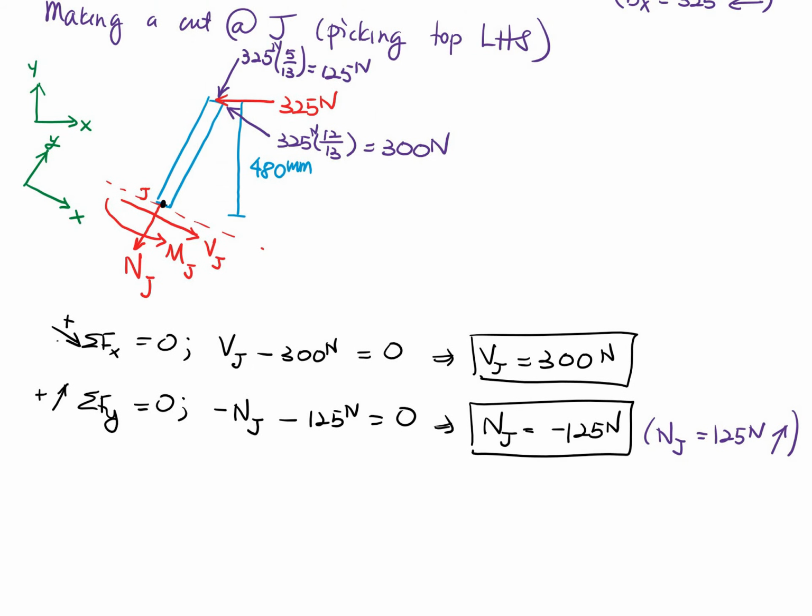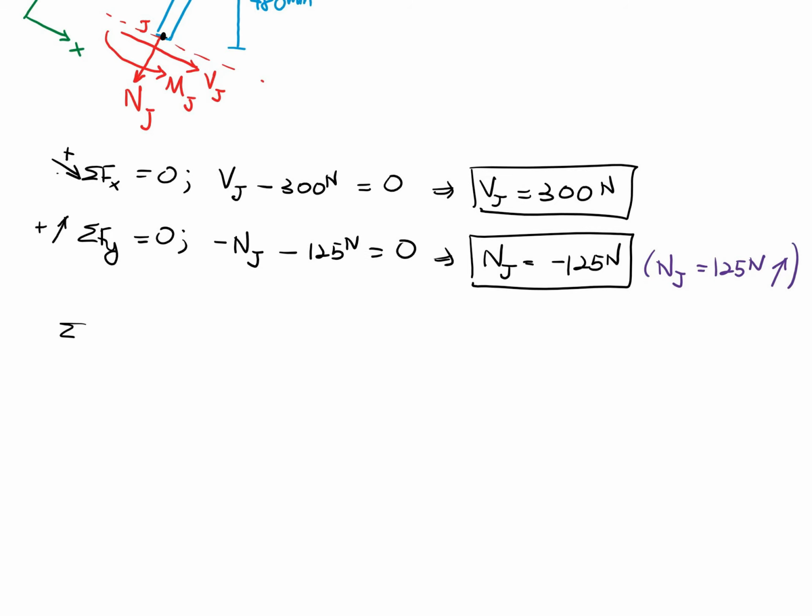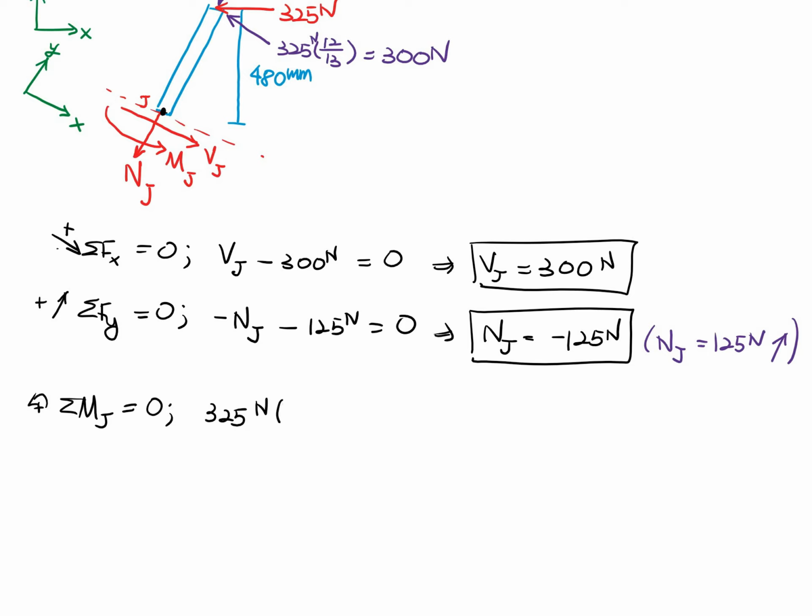Okay, and then finally we're going to be summing moment about point J. Remember, this is our point J, so summing moment about point J. We have 325 newtons multiplied by the vertical distance, plus M sub J equals 0.